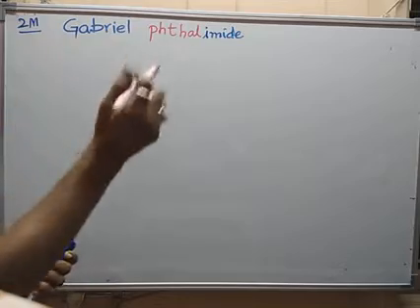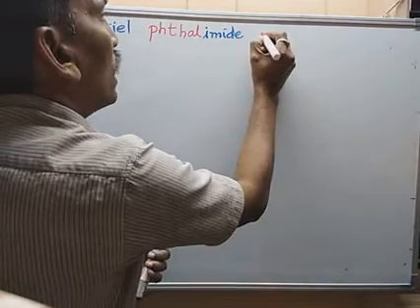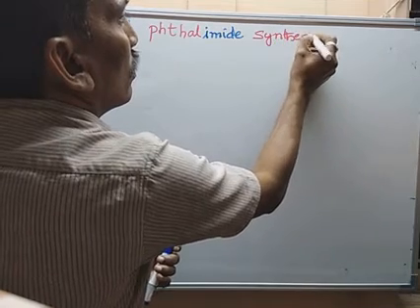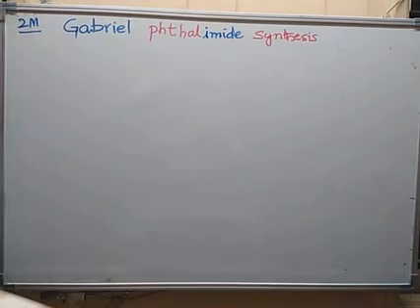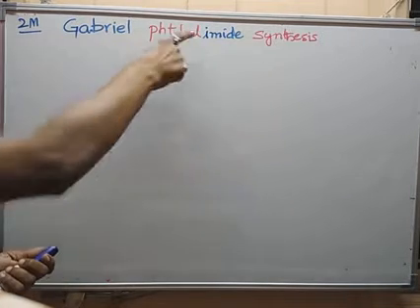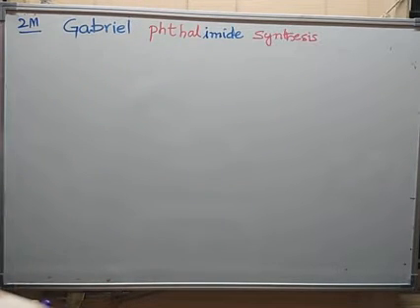Many stages, more than one step, are involved, and it is known as Gabriel phthalimide synthesis. The starting material is available in the title. That is the secret of having titles.